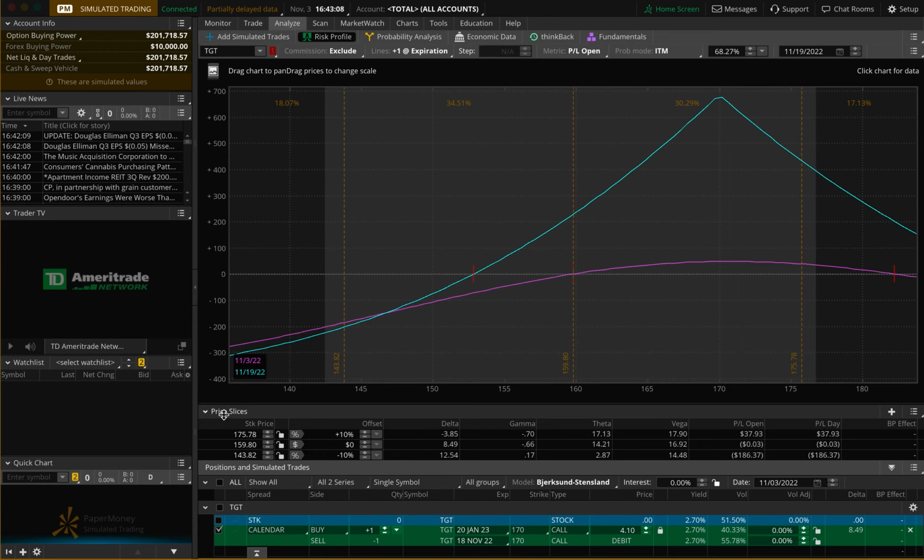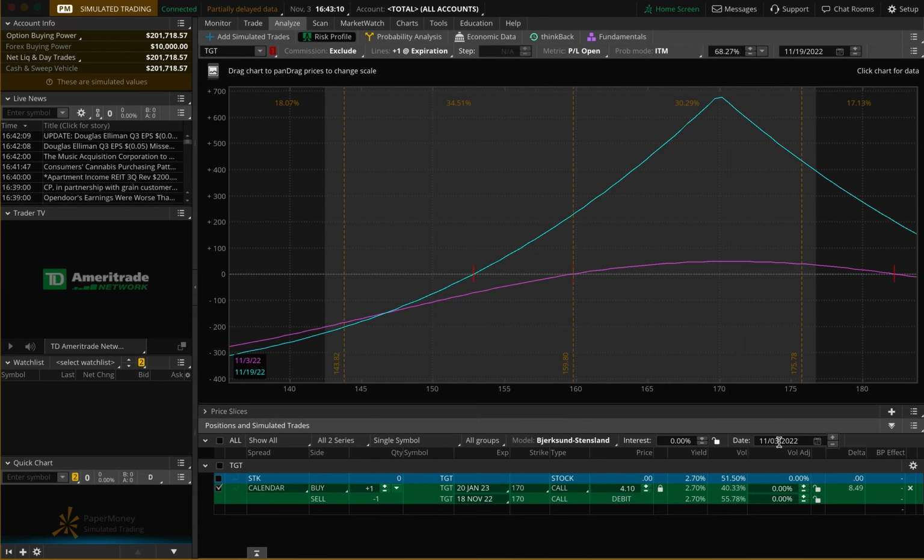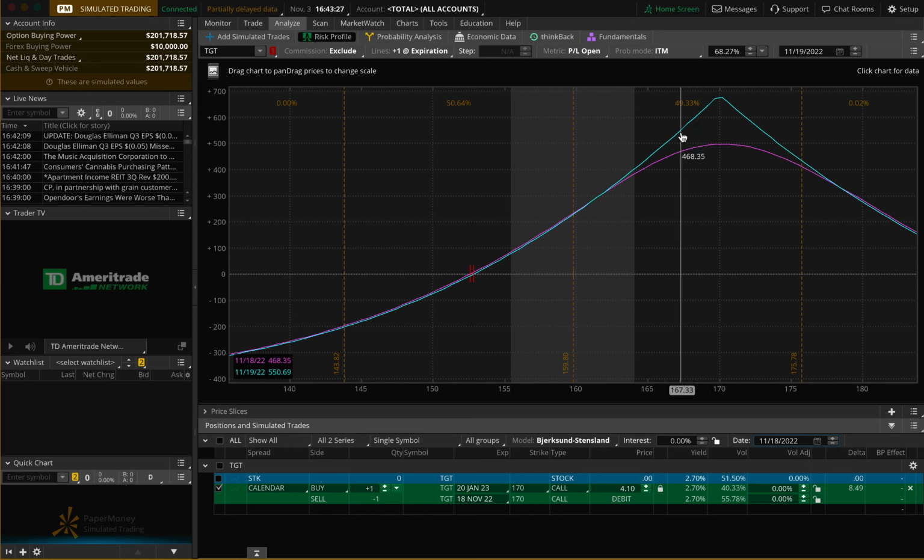And if we fiddle with the date, the expiry of that first one is November 18th. So we're gonna take a gander here, see what it looks like on November 18th. It's something like that. And the probability of it being in here is around 49%. So that's a 50% probability.